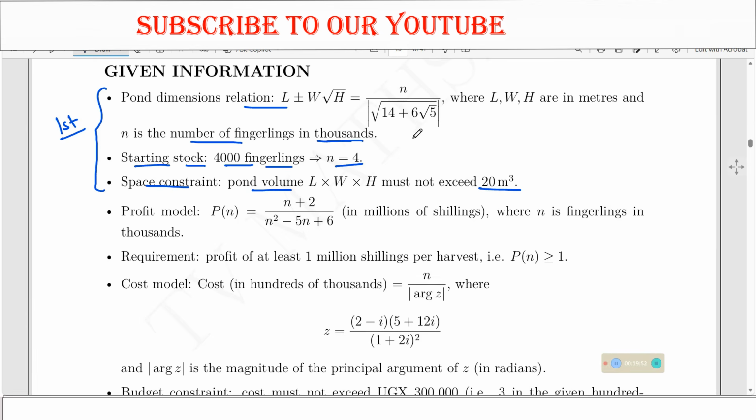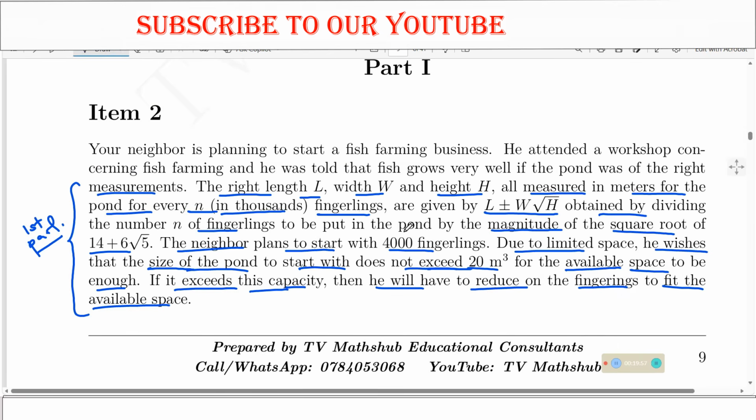All right. So this is the information that we are given, and that is the information to use in the first part. The right length L, width W, and height H are all measured in meters for the pond for every N. And this is obtained by dividing the number N to be put in the pond by the magnitude of the square root of this number.